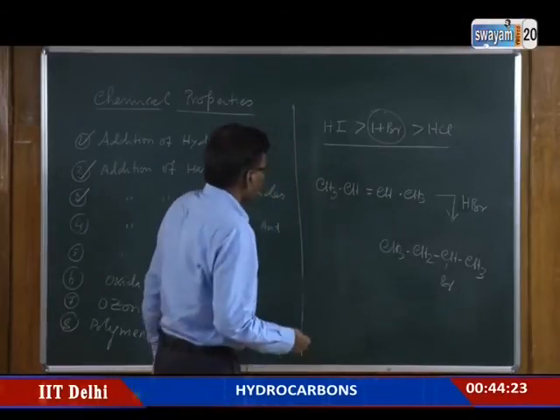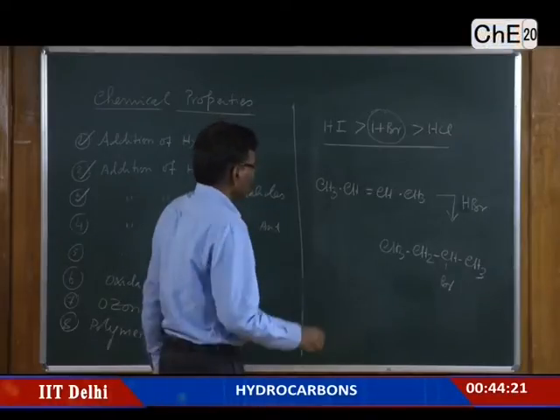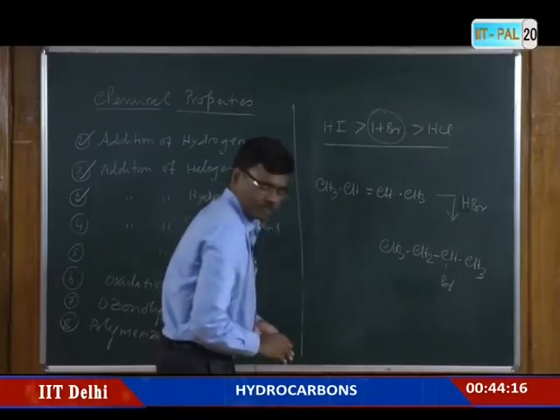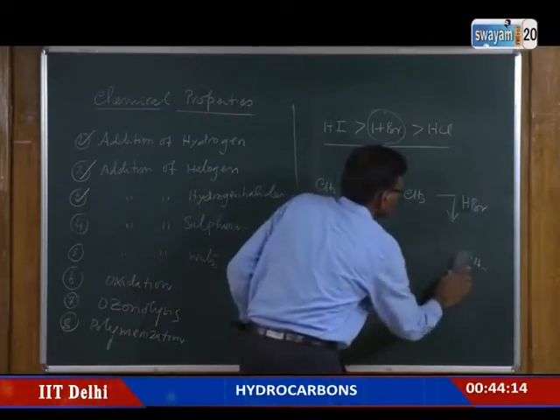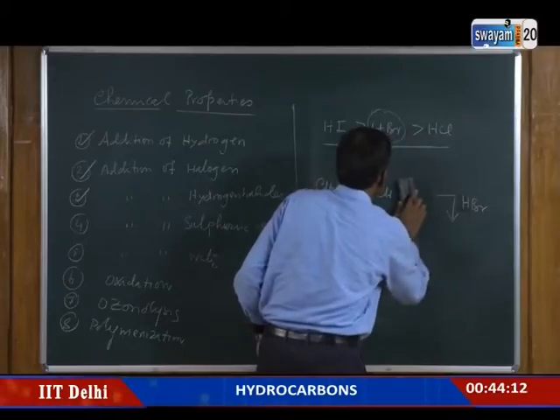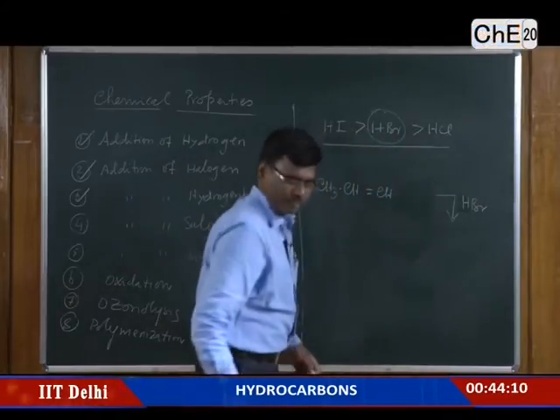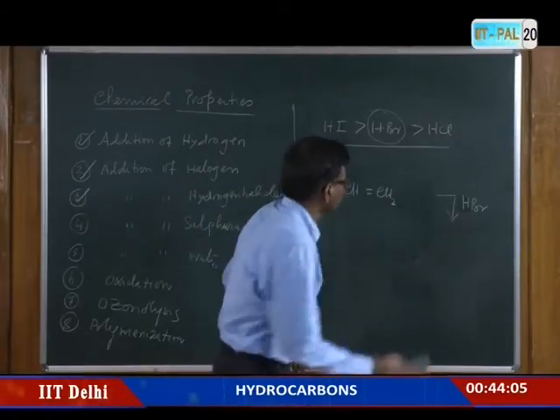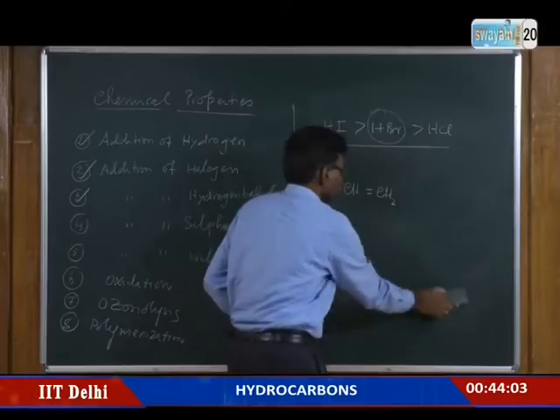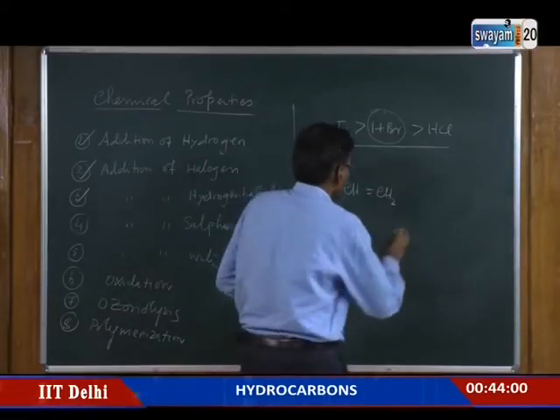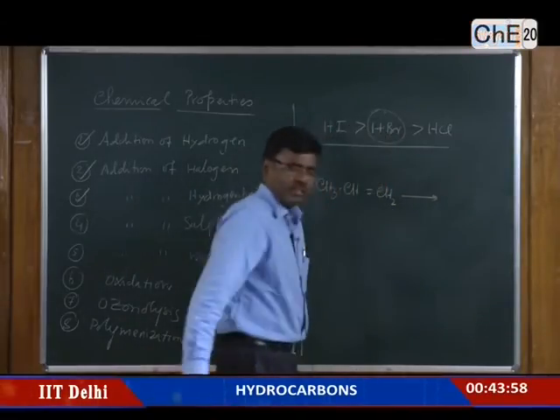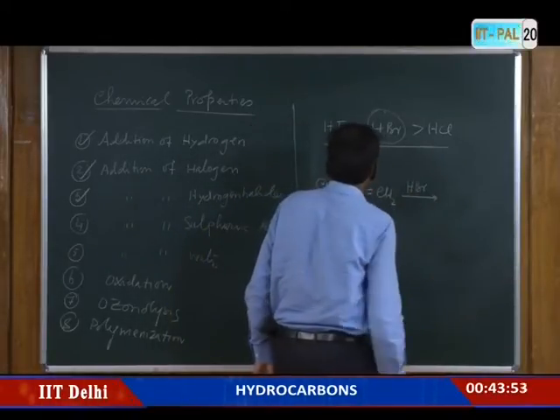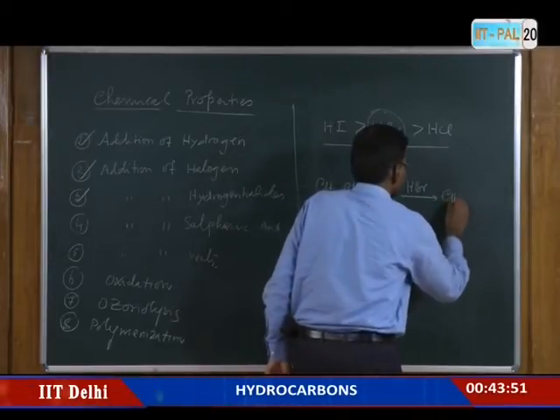On the other hand, if you take unsymmetrical alkenes, for example propene, when you react propene with HBr, you will end up with a mixture of compounds.